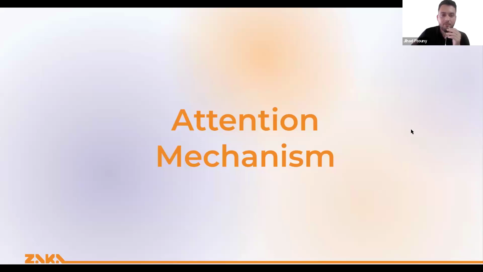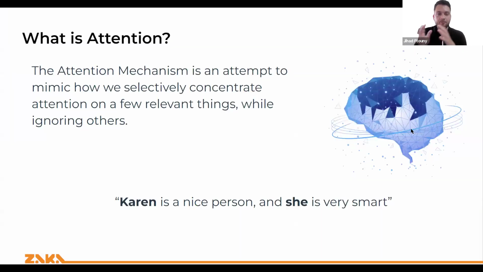All right. So let's now take a look at the attention mechanism. We're almost done with the theoretical part. This is the last section. And what is attention? Okay. If we want to summarize a story, for example, we know which parts of the story we should focus on. In other words, what are the main elements of any story?